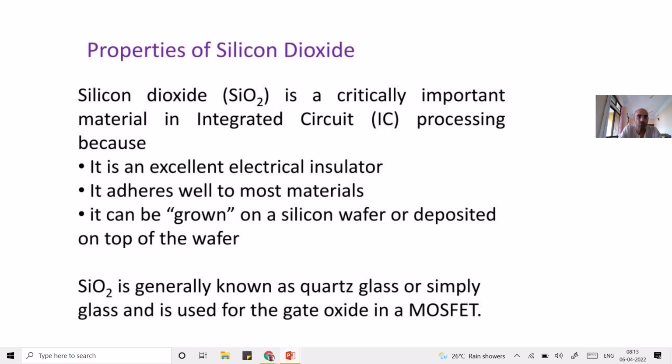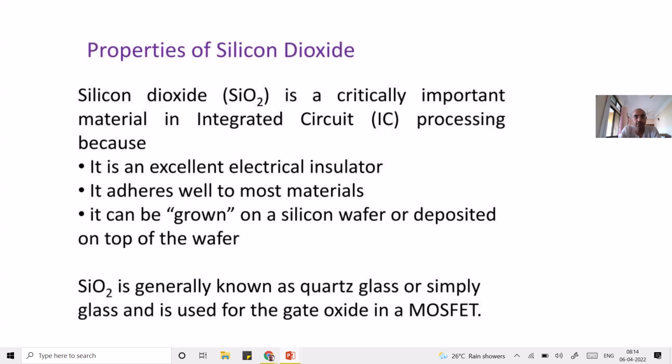If you have to grow or deposit silicon dioxide, what are the reasons because of which we use silicon dioxide? Apart from that, we have to use silicon nitride as well. Silicon nitride can't be grown; it has to be deposited.